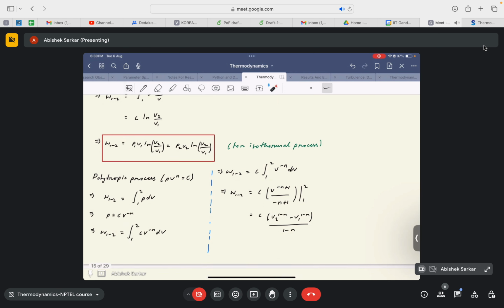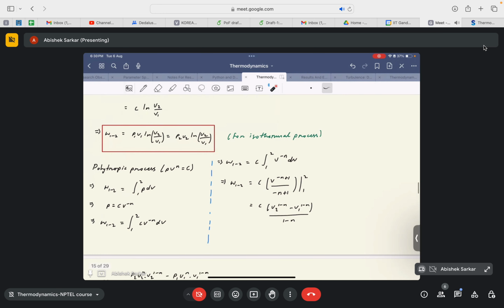Now for a polytropic process, we will have work done from 1 to 2 as integral of PdV from point 1 to point 2. Now P can again be written as C into V to the power minus n. Then work done from 1 to 2 can be written as integral of C V to the power minus n dV from 1 to 2.